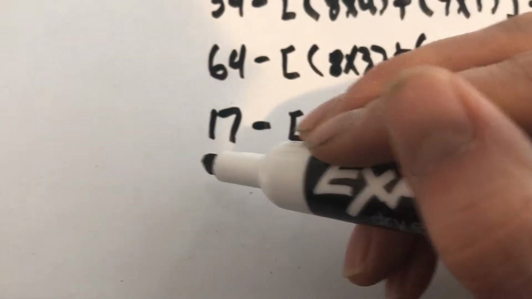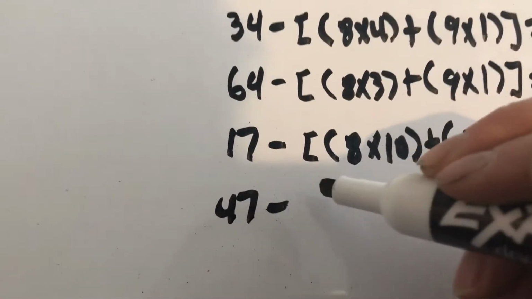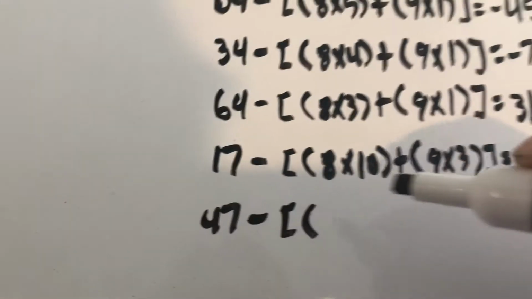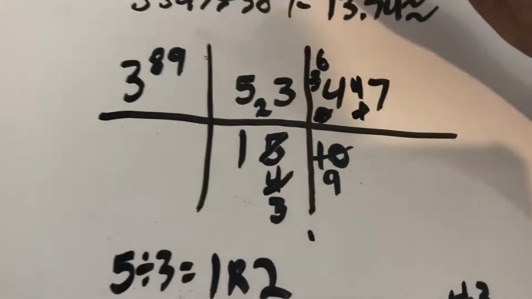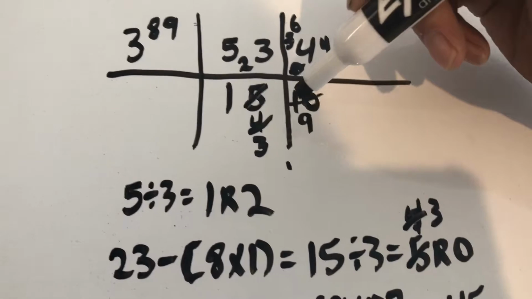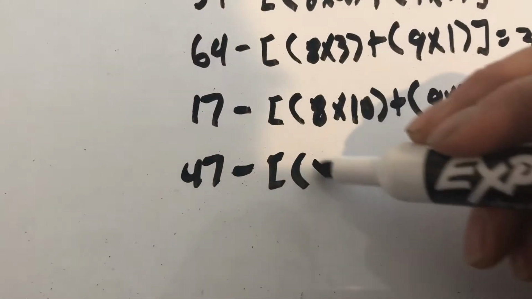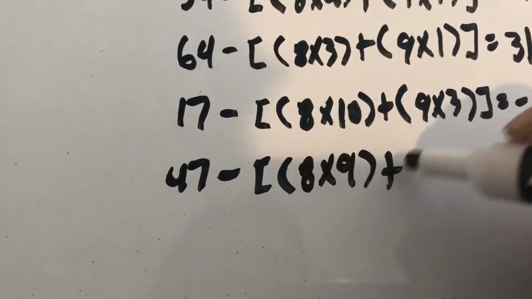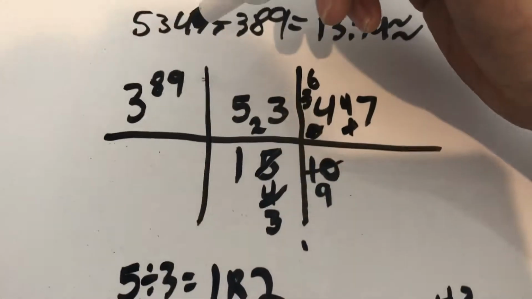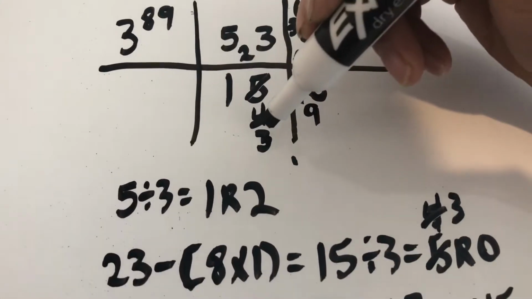So right, 47 right here. There's a gross dividend. Minus, again, the first flag 8 times the third quotient, which is 9 this time. So I'm going to write 8 times 9 plus the second flag 9 times the second quotient 3.